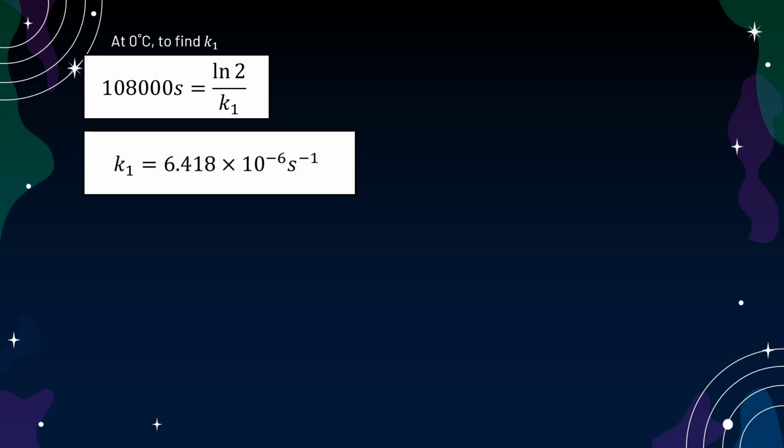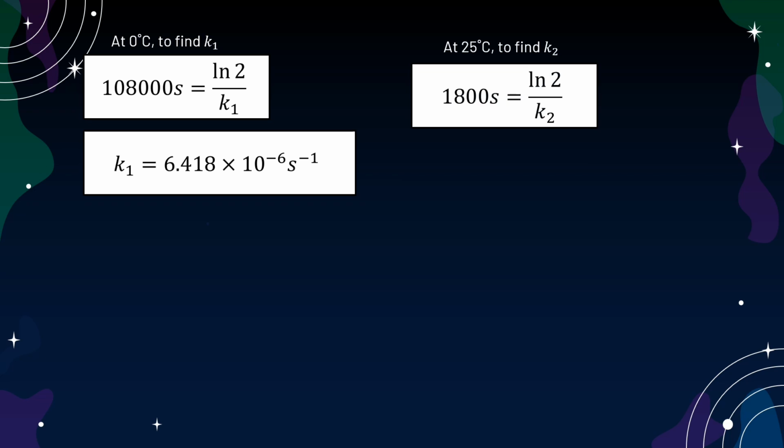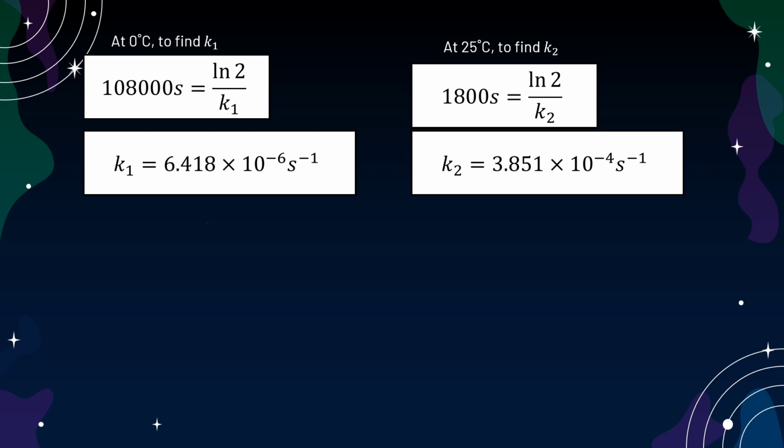So, the k1 we will get is 6.418 times 10 to the power of negative 6. At 35 degrees Celsius, to find k2, 1,800 seconds equal to ln 2 over k2. So the value for k2 we get is 3.851 times 10 to the power of negative 4.